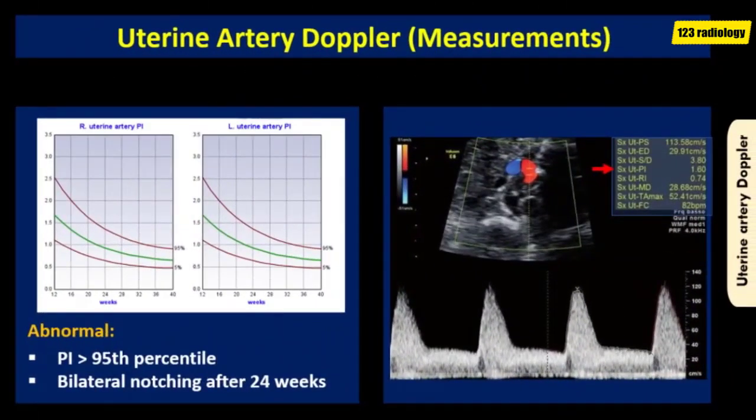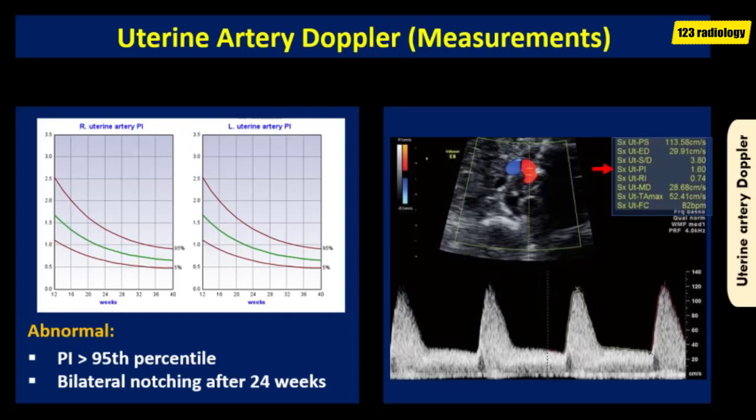The uterine artery pulsatility index is a favored measurement of vascular impedance, because the pulsatility index indirectly includes the presence or absence of early diastolic notch. A normal pulsatility index should be below the 95th percentile for gestational age.